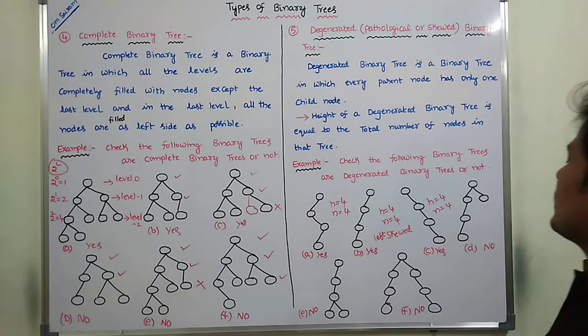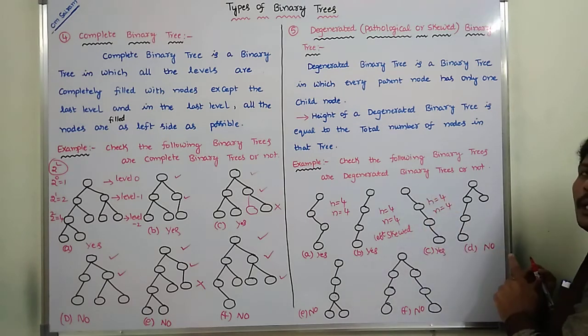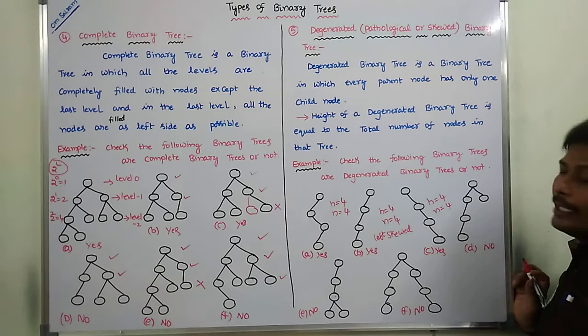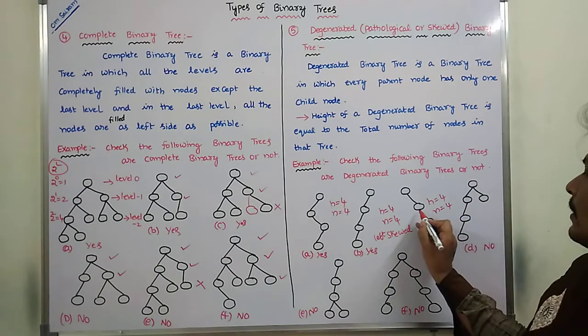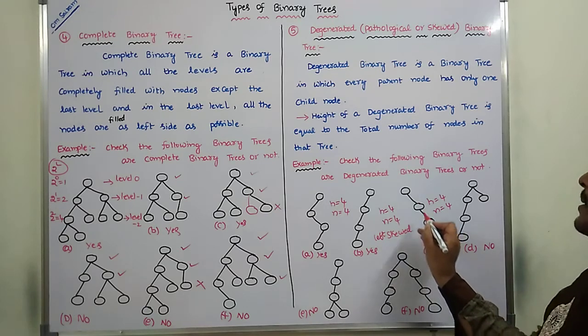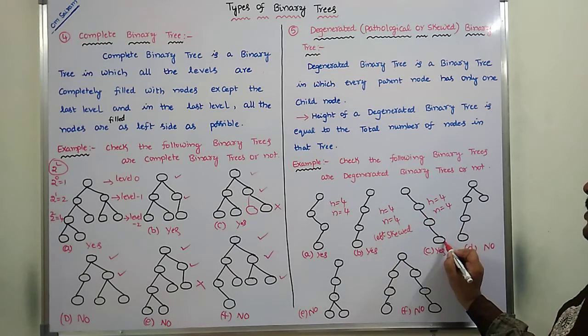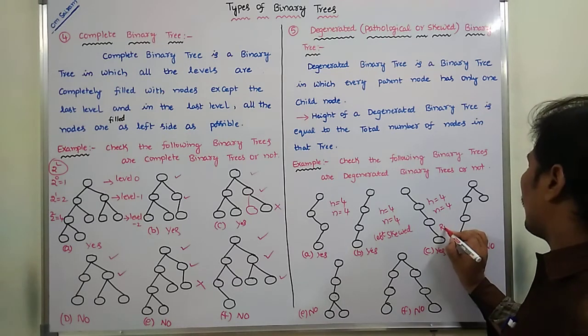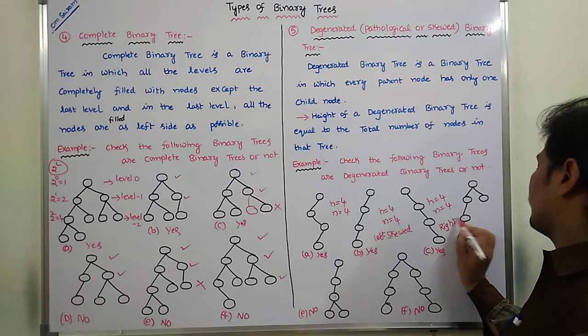Next, here for a node, the children are inserted as only right child. This node is the right child of this node, this node is the right child of this node, and this node is the right child of this node. So that type of tree is called a right skewed tree.